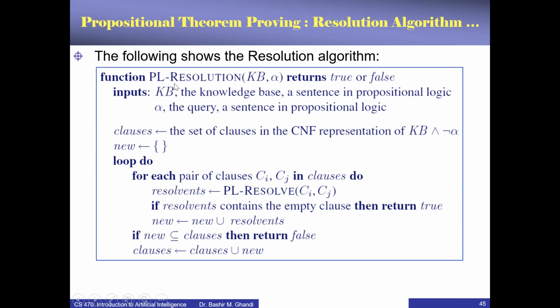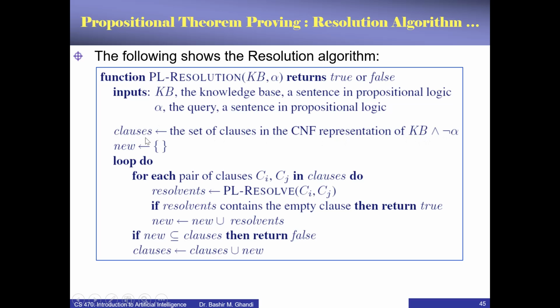So the PL resolution algorithm, PL for propositional logic. It takes as input the KB and alpha, the knowledge base, and the query sentence alpha. It will also have as a variable the set of all clauses in CNF representation form, which is obtained by ANDing KB and not alpha.